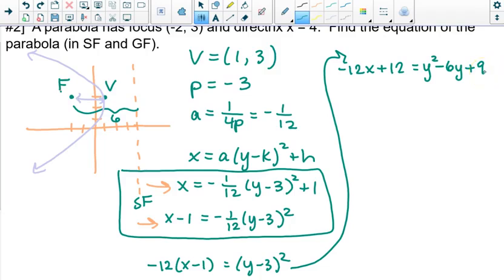And then let's decide what side we want everything to go on. So might as well just move it to the right. That way we get to lead with a positive, which is always kind of nice. So we have 0 equals y squared plus 12x minus 6y, and then we're subtracting 12 from both sides, so minus 3. And there's our general form.